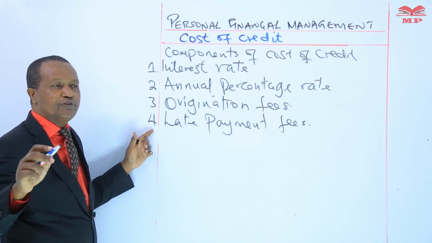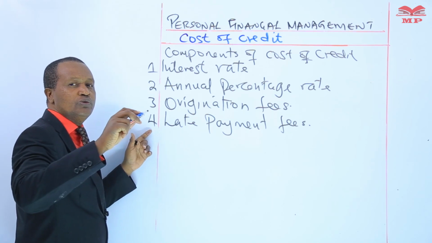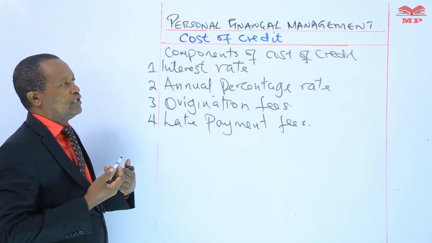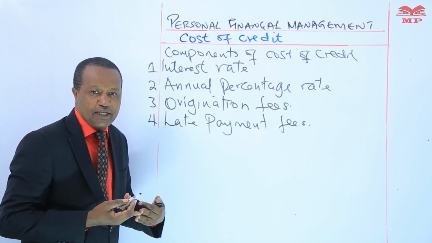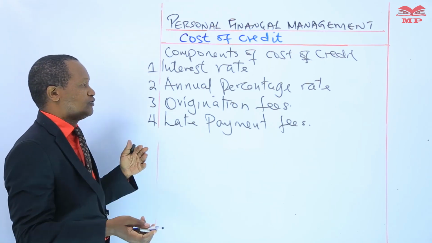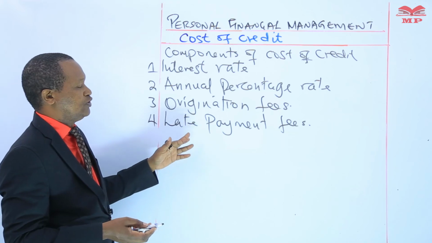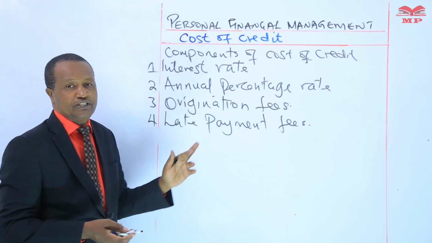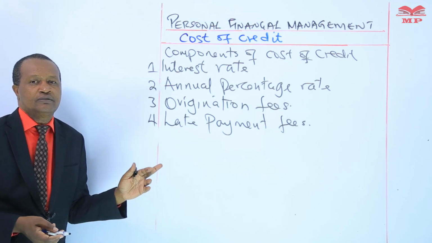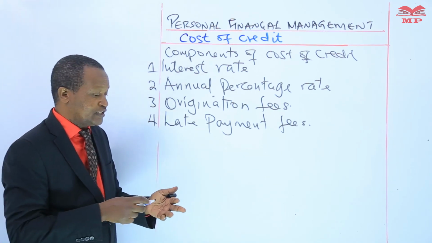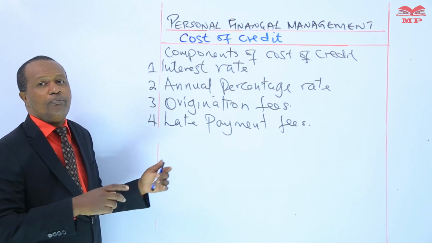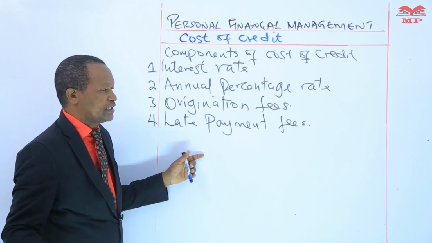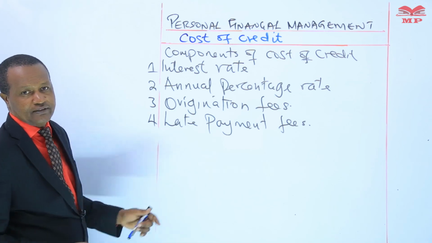They are charged if you fail to make your monthly payments or your annual payments, depending on the terms of the loan. If you fail to pay on time, then there may be late payment fees. And this can be a significant financial burden, and it can negatively impact the credit score of the borrower.